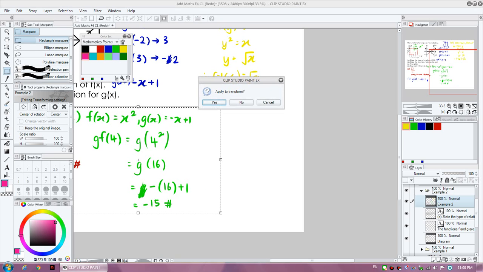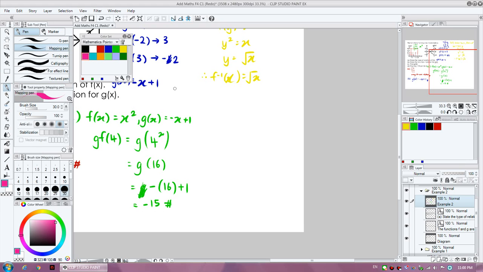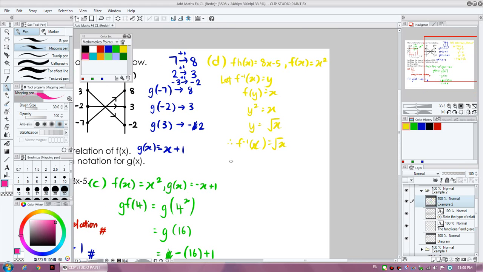The power of digital technologies. Okay, now we already know f negative 1, so h(x) will be kind of the same as f negative 1 times the composite function fh(x), because negative 1 and 1 combined together becomes f to the power 0, which is 1, which is still the same.